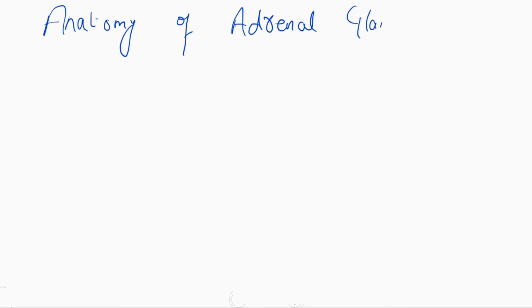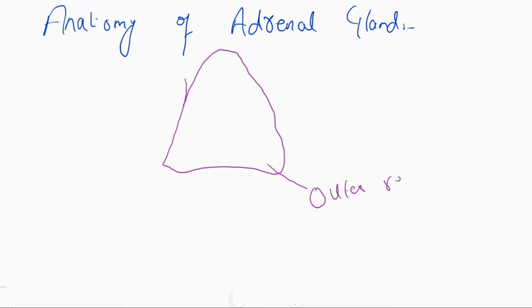When we look at the anatomy of the adrenal gland, it is made up of two parts. The outer region and largest part of the adrenal gland is known as the adrenal cortex.